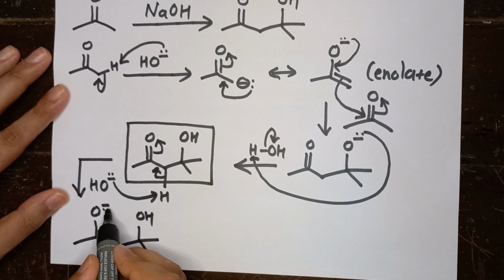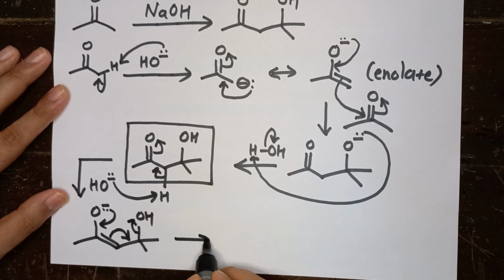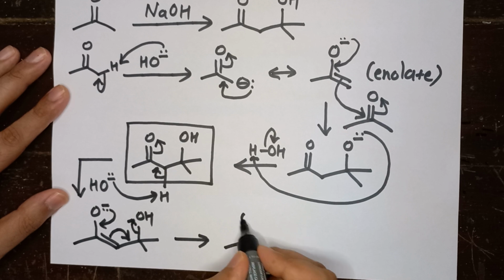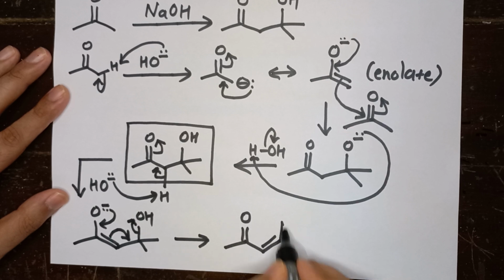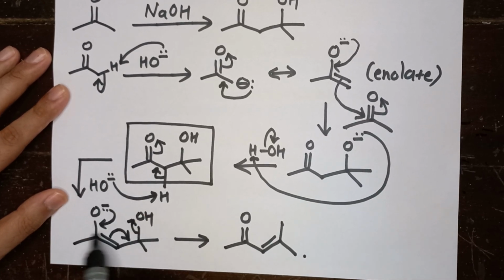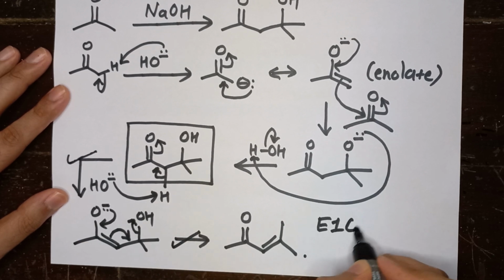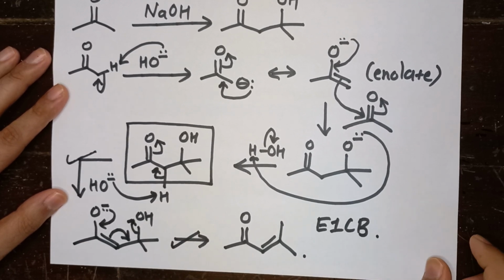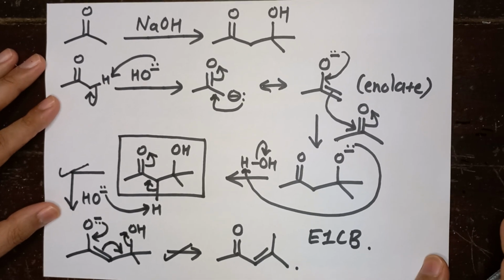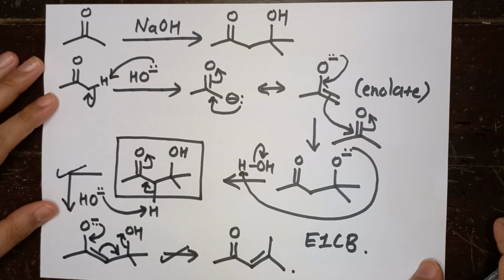Now this oxygen will reform a double bond, this double bond will migrate here and this bond is going to break. So this will give me the aldol condensation product. These two steps are what we call the E1cB reaction mechanism. So this is the mechanism of aldol reaction under basic medium.